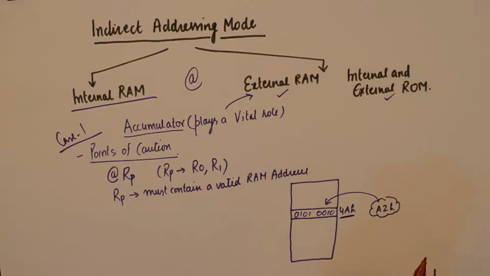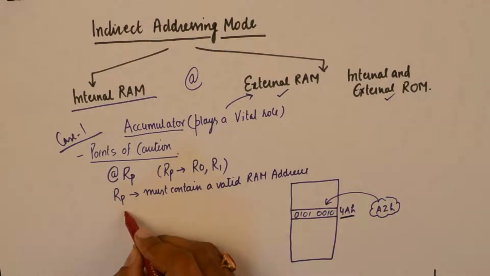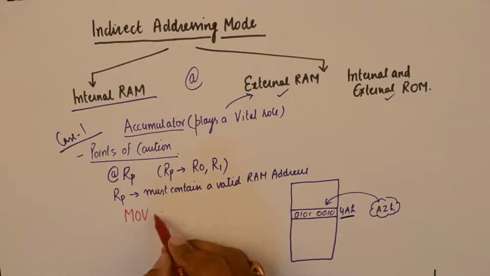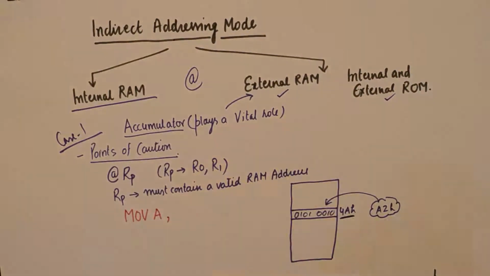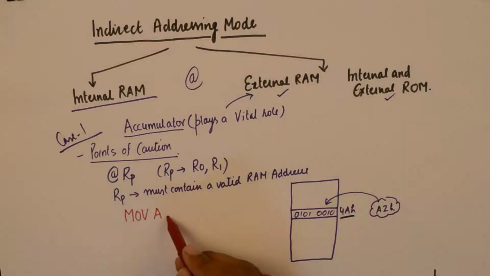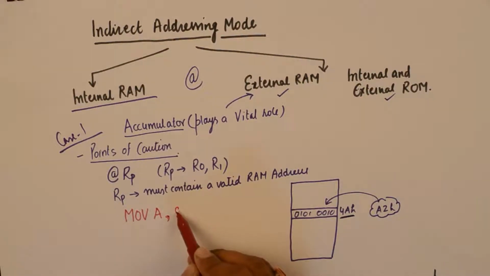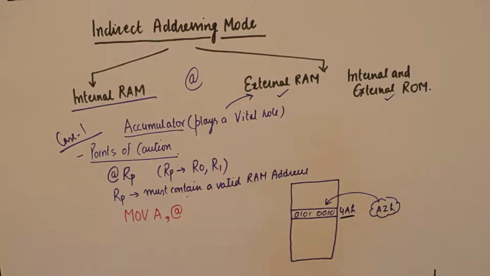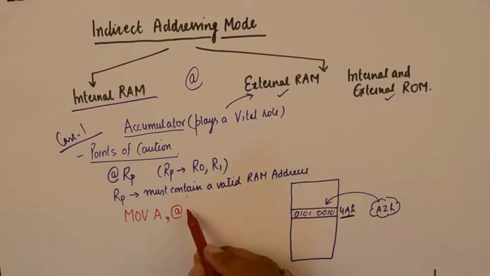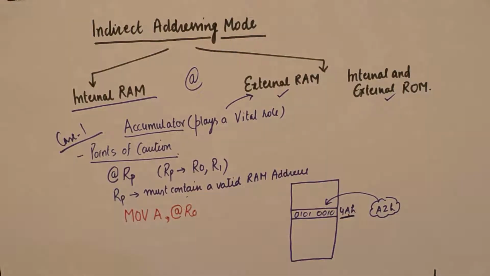into accumulator, I can use a method known as indirect addressing mode, and in that method what I would do is I'll say move into A. A is my destination. Now when I specify the source, which we generally do after this comma, I'll write the indirect address by specifying this address in either R0 or R1.